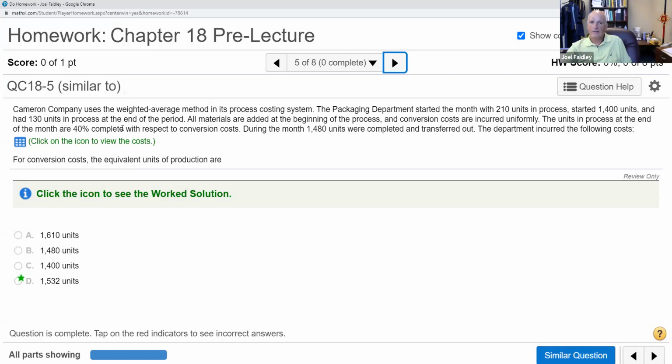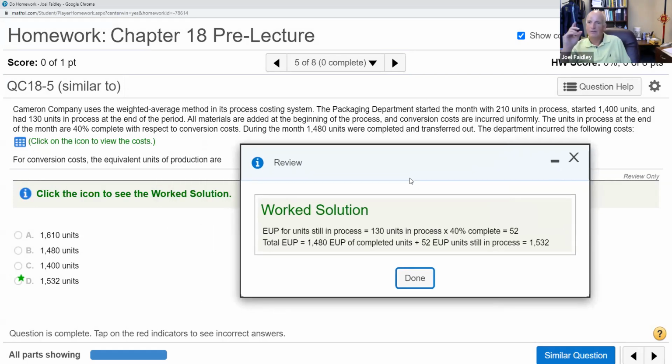Here's a question about equivalent units. Now, equivalent units is a new concept here in this chapter. Probably what is most different about this chapter versus the previous one with job order. Job order, you don't have that issue of product left in your work in process.